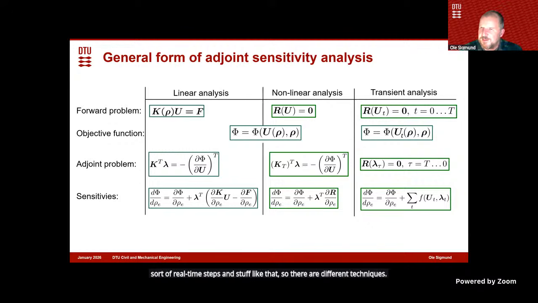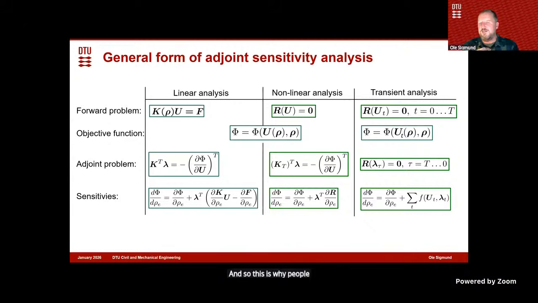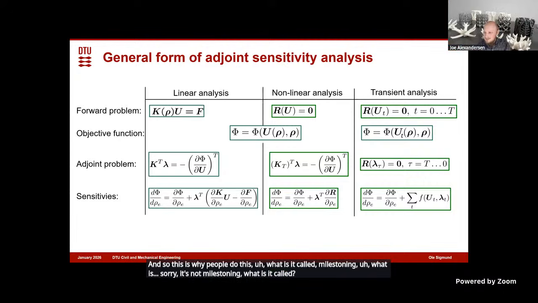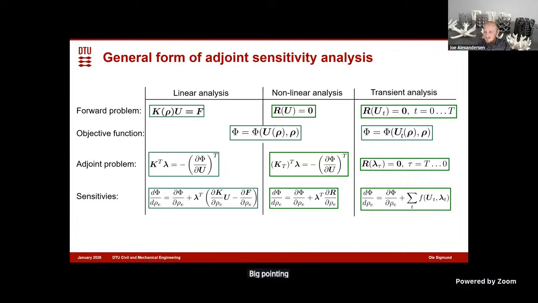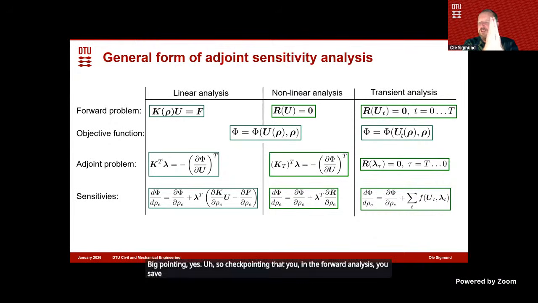Another thing in transient analysis is that you have to save all the forward time steps to make the backward time step. And that's where it becomes extremely expensive and also CPU and memory intensive. And so this is why people do this, what is it called, milestoning? It's not milestoning, what is it called? Checkpointing. Checkpointing, yes. So checkpointing, that in the forward analysis, you save certain time steps.